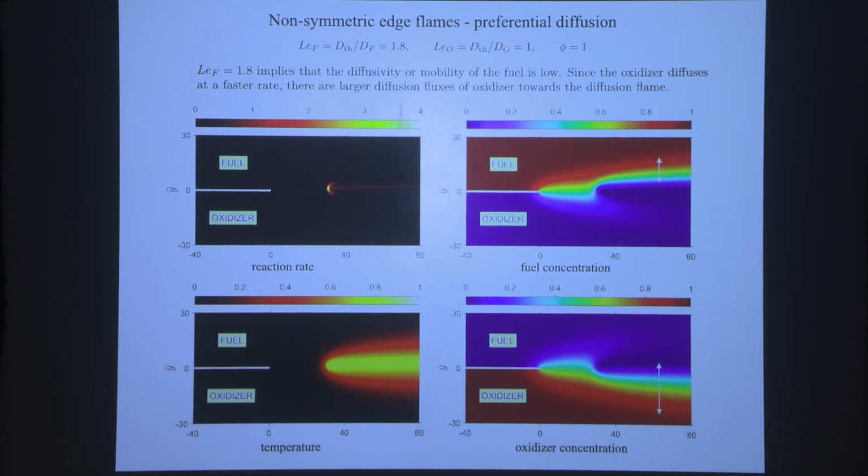Well, it's 1.8 and 1, so again, there is some effect of that. What does it imply? Diffusivity or mobility of the fuel is low. The oxidizer diffuses at a faster rate, and there are larger diffusion fluxes of oxidizer towards the diffusion flame that you can see here compared to here, or here compared to here, which I try to show with the white arrow.